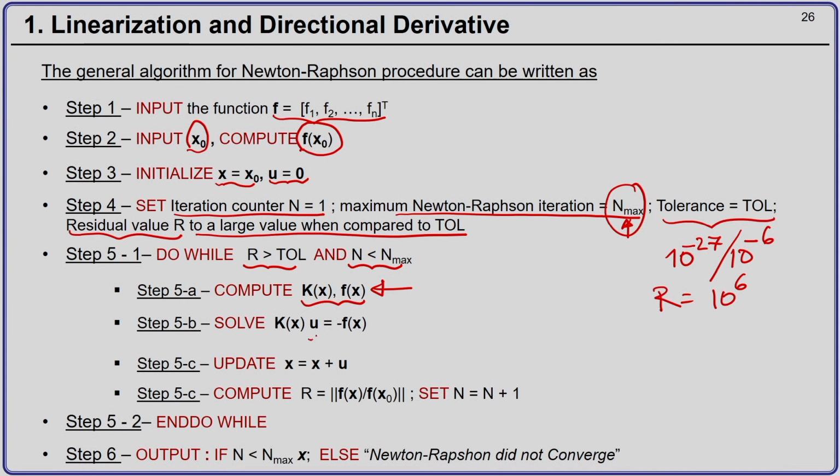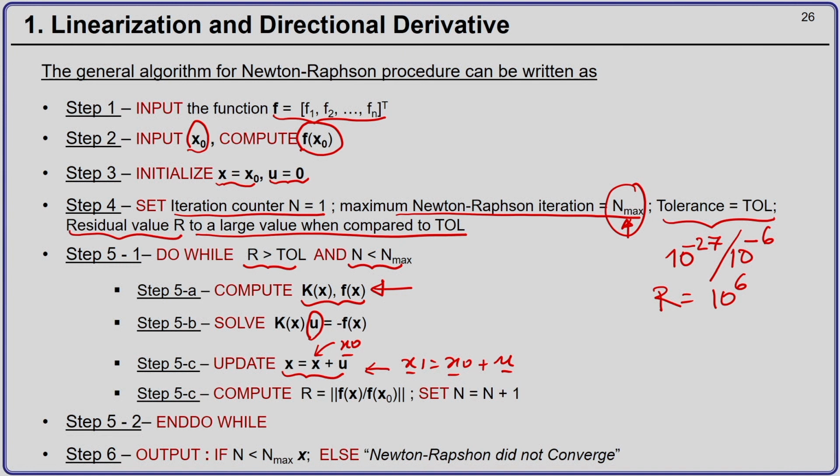And then you solve for u, and then you update x as x plus u. Remember, at n equal to 1, this x was x0, your initial guess. So, in a way, for n equal to 1, you are finding x1 as x0 plus u.